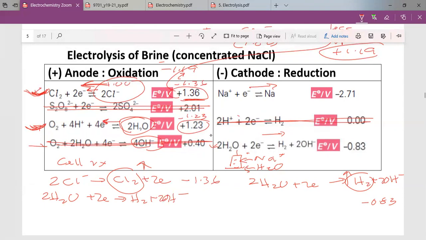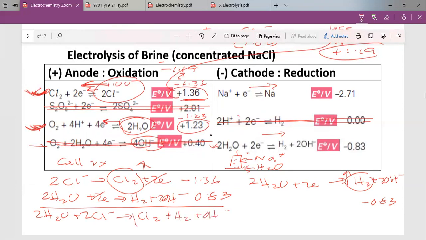Okay, so the overall reaction, you can cancel off the electrons: 2H2O plus 2Cl minus goes to Cl2 plus H2 gas plus OH minus. Hydrogen gas is given out and chlorine gas is given out. So the solution left behind will be OH minus and of course Na plus, which will give you sodium hydroxide after 4 hours.